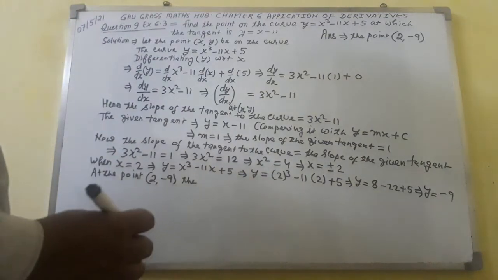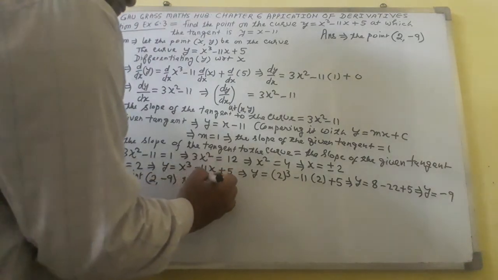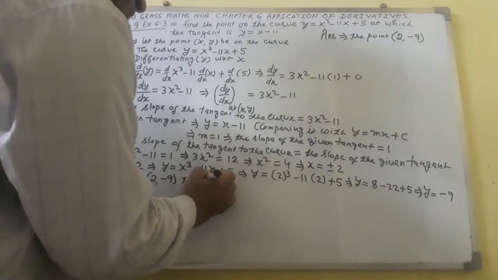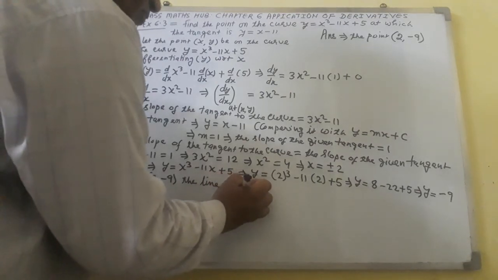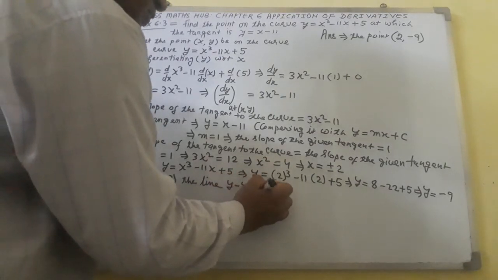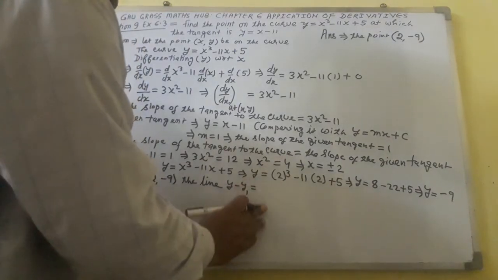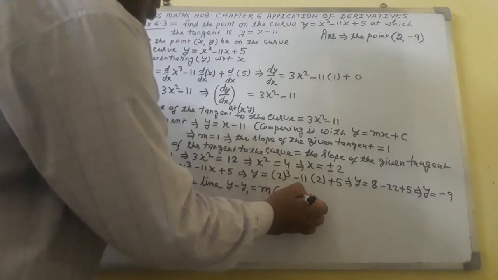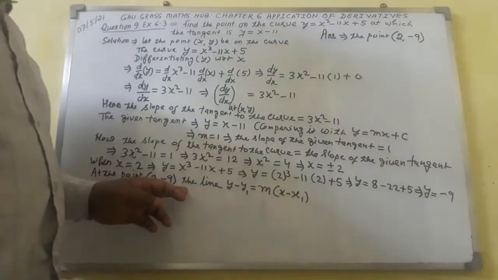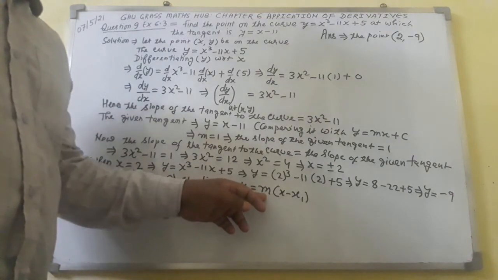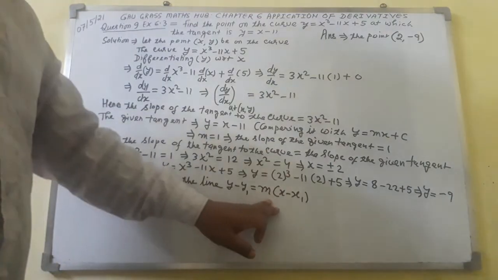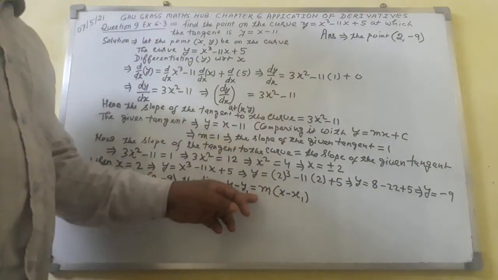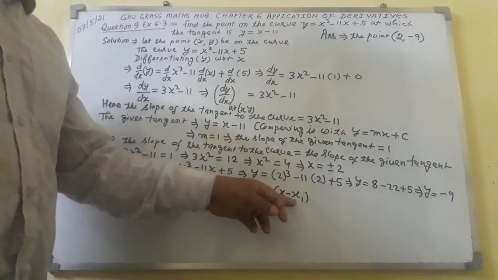The line y minus y1 equal to m times in bracket x minus x1.